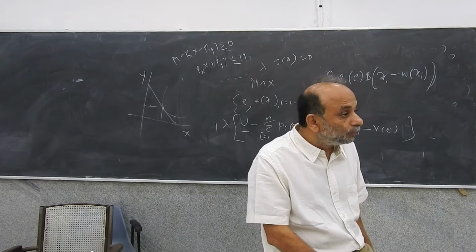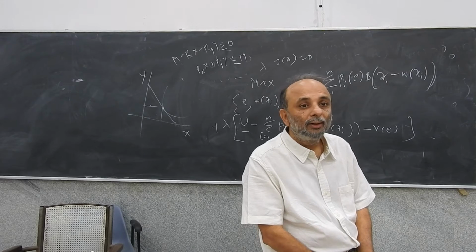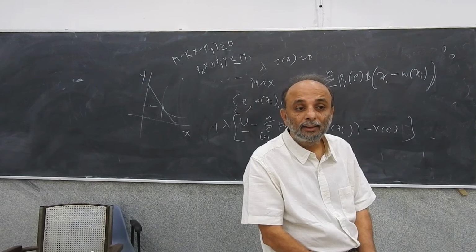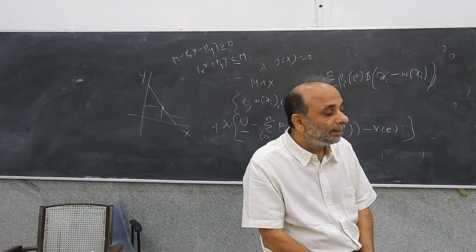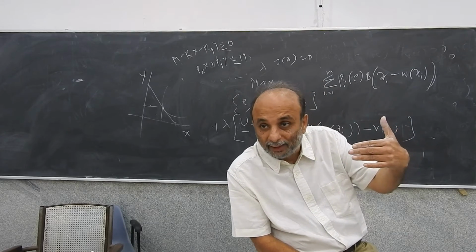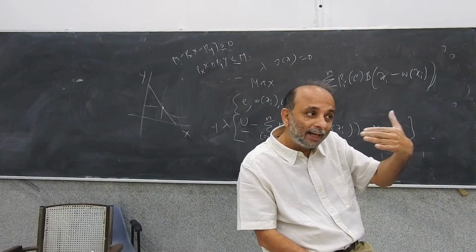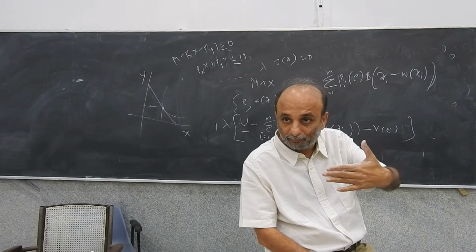But what's lambda? Does everybody know the meaning of lambda? What is lambda? Marginal utility of money. That is, it tells me how much the maximized value of the objective function can increase if I relax the constraint by a small amount.